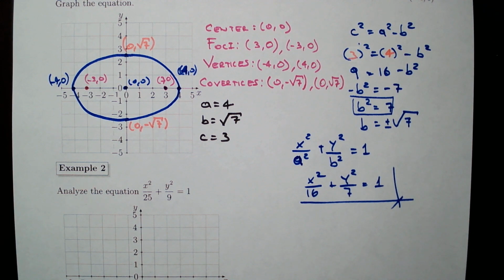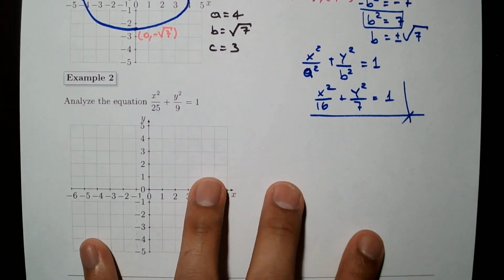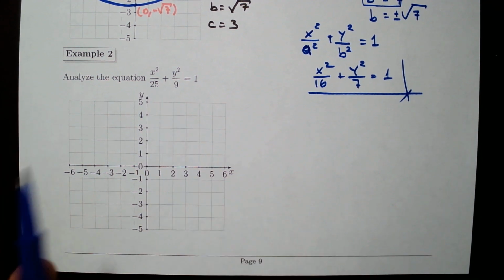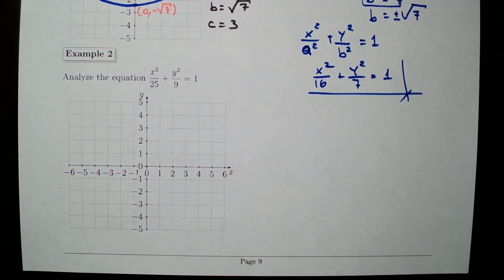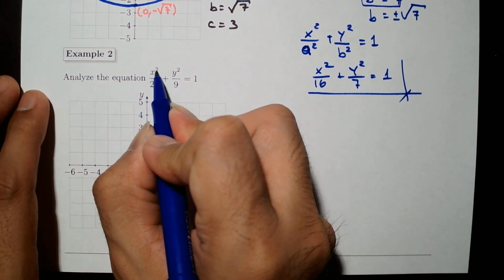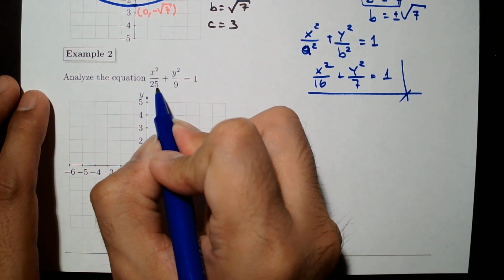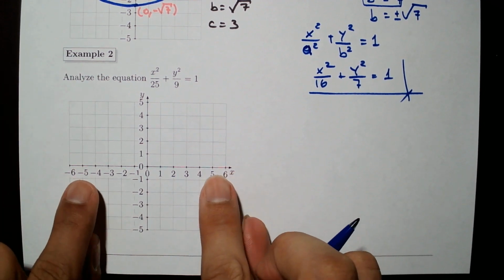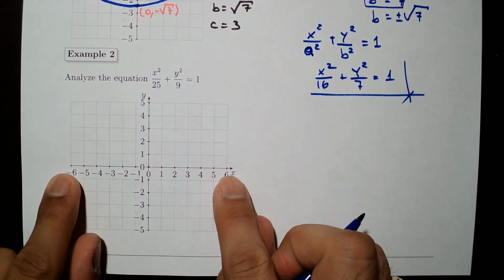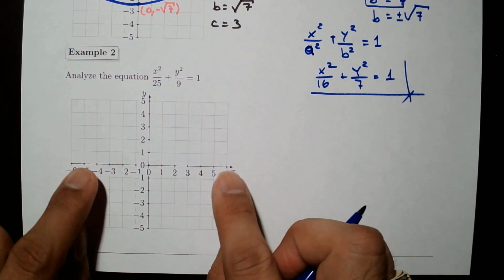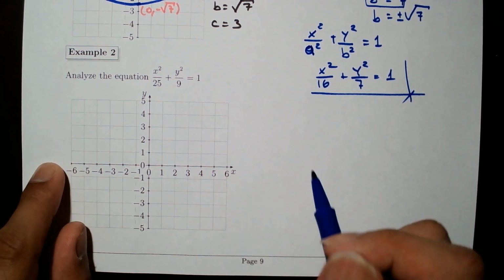Now let's analyze the following equation. For example, to analyze the equation, x squared divided by 25 plus y squared divided by 9 equals 1. If you notice, the largest of the denominators is that of the variable x, so that means it's going to be a horizontal ellipse, or an ellipse that has a major axis along the x-axis.